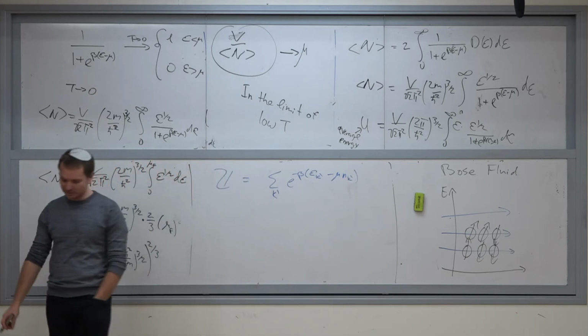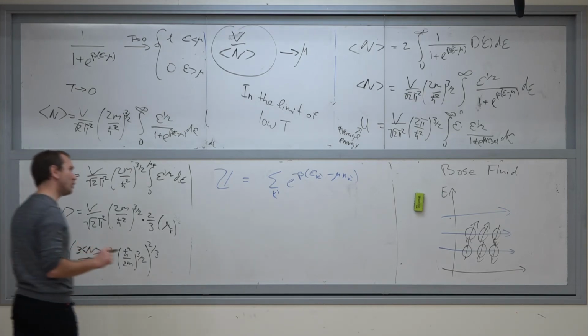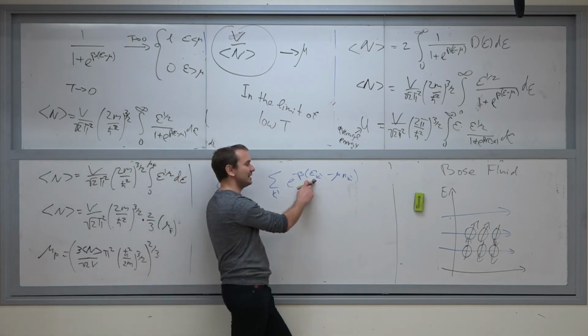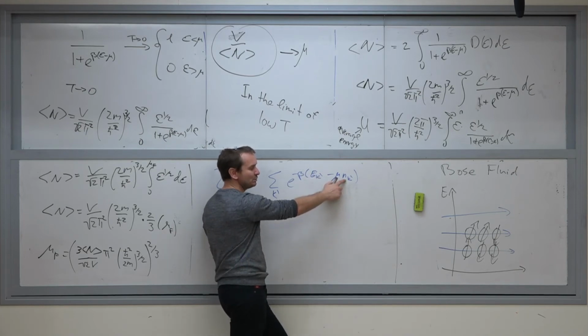This is the general partition function. I take a specific state, I note that it's a k prime, and it has an energy of epsilon k prime, minus mu multiplied by the number of particles for this k prime state.